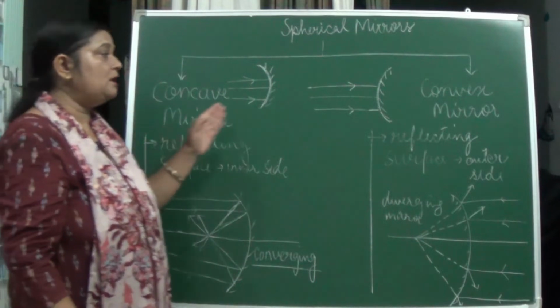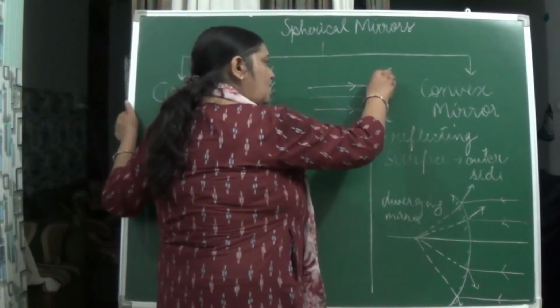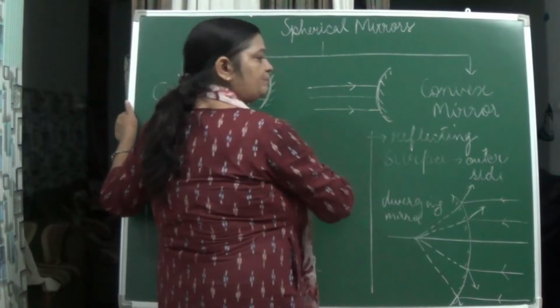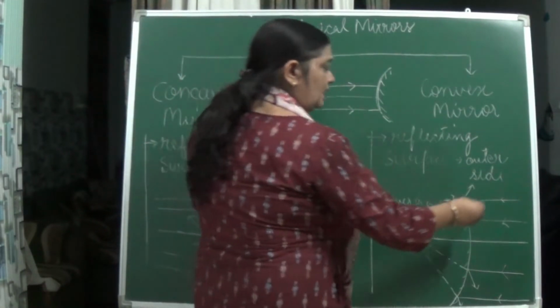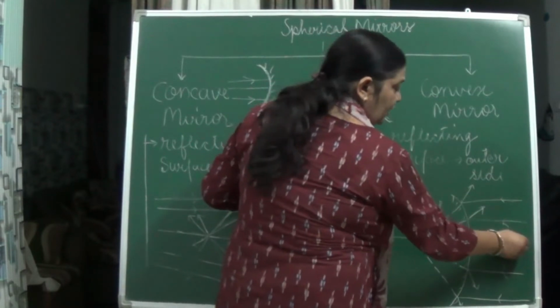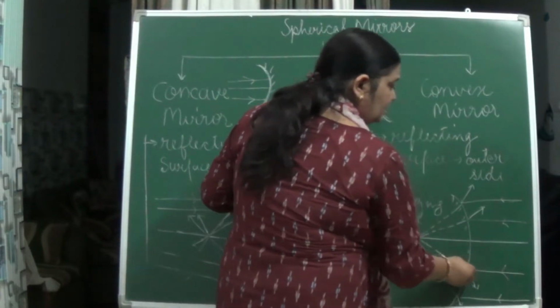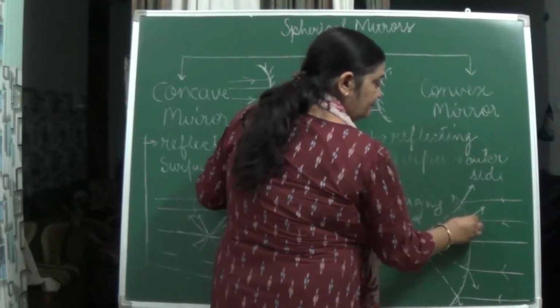Now coming to the convex mirror, here the reflecting surface is the outer side. You can see when the light rays come from this side, after reflection they diverge.